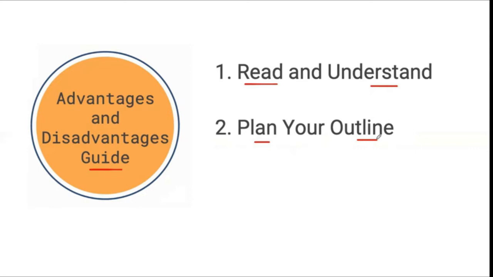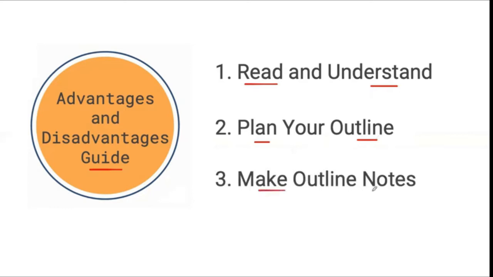But once you plan your outline, you can make some notes, and this will help spark your memory for any ideas or any words or things you want to include in your essay. In general, these 3 steps might seem like a lot, but they should take you no more than 5 minutes. So don't worry, with a lot of practice, this will all come naturally to you.